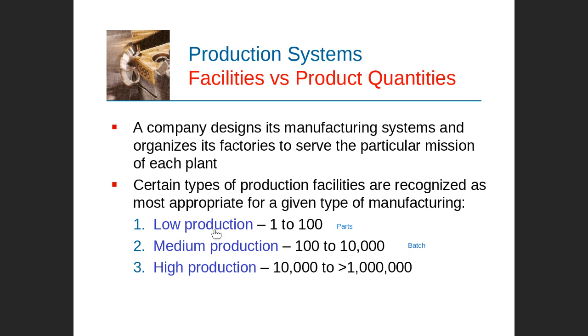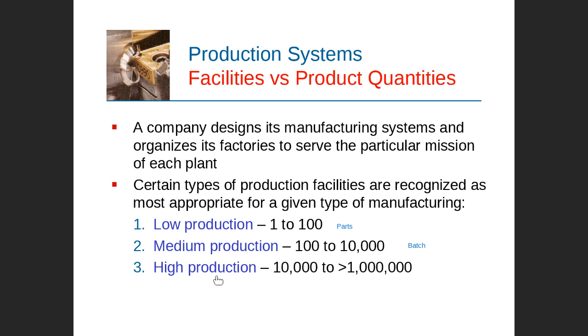What about if I ask you now, do you think the facility used in low production is the same as the facility used in medium production? No. Definitely no. This kind of company must have a different facility and arrangement.